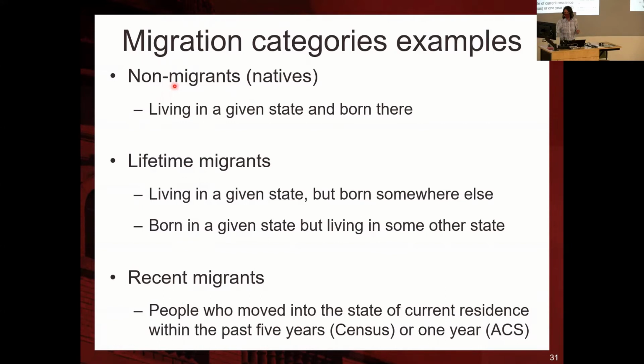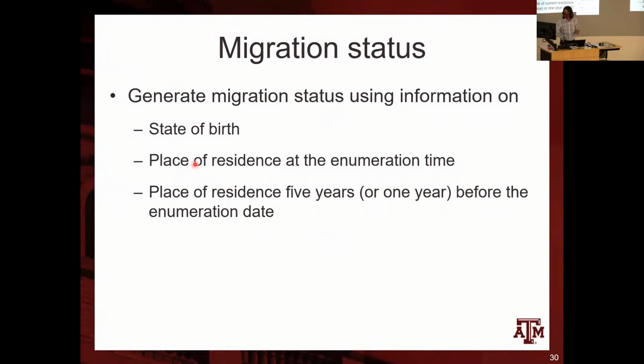Usually, when I'm analyzing internal migration in the US, I pretty much just use these two questions here. I do not use state of birth. I just compare the place where the person is living right now and where the person lived before.